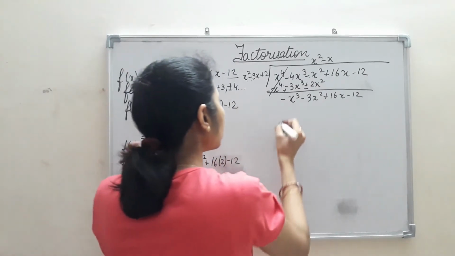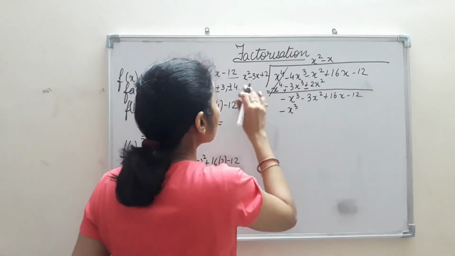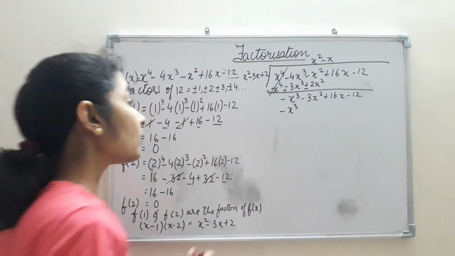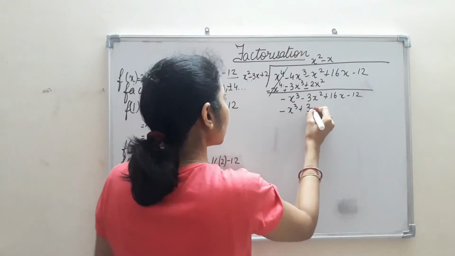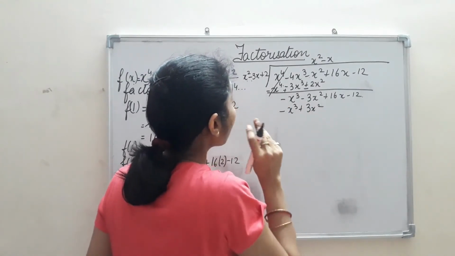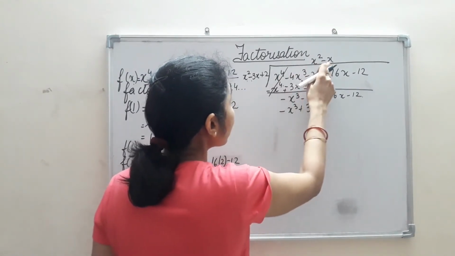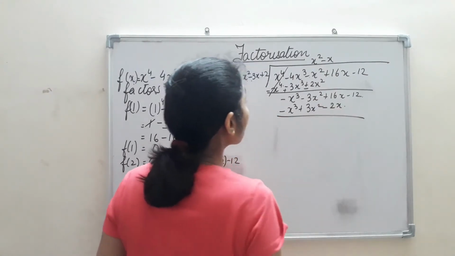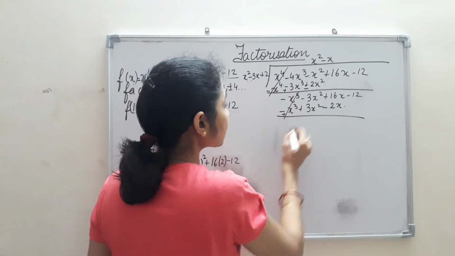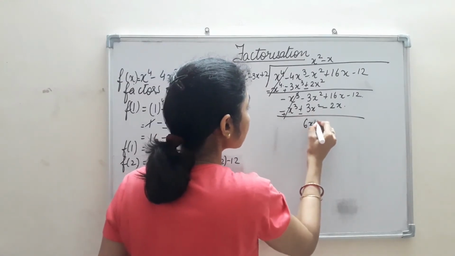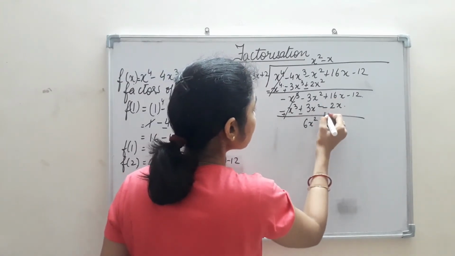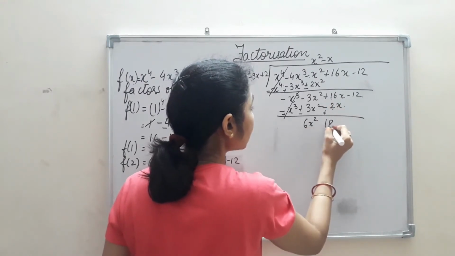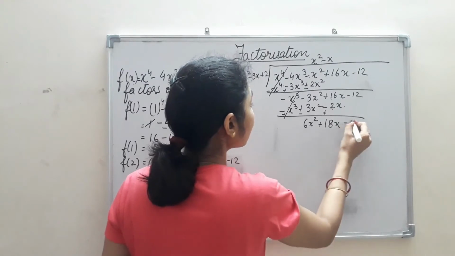So I get here minus x cube, minus 3x into minus x gives me positive 3x square, and 2 into minus x gives me minus 2x. Now positive and negative cancel, both are negative, so I get here minus 6x square. This changes into positive, so 16 plus 2 gives me positive 18x, and minus 12.